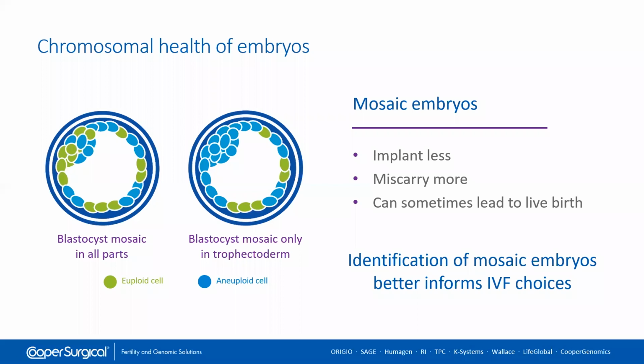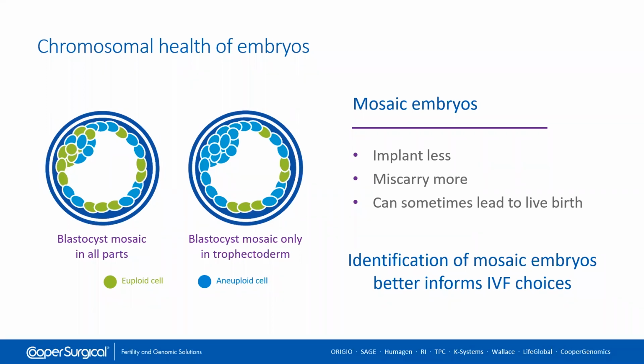Depending where you take that biopsy, you may get more cells which are aneuploid or euploid. But what has been shown is that no matter whether it is within the entire embryo or just the trophectoderm, mosaic embryos in the early studies showed that they generally implant less, they miscarry more, but they can lead to a live birth.